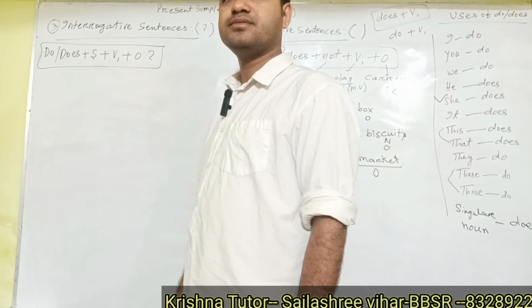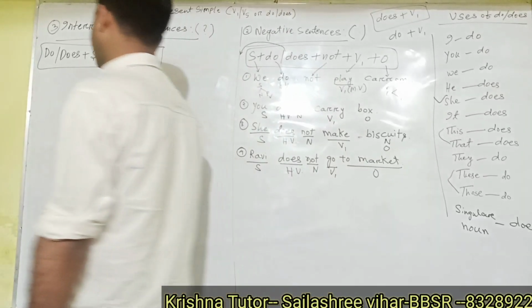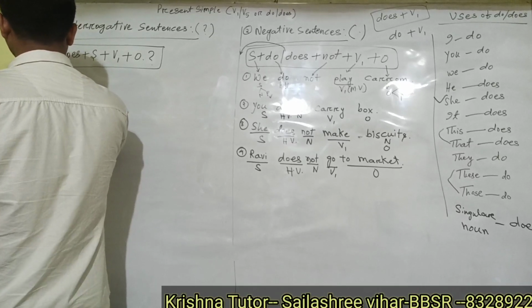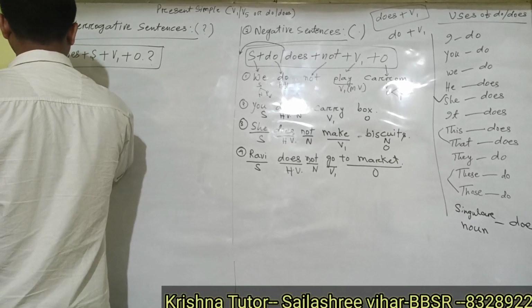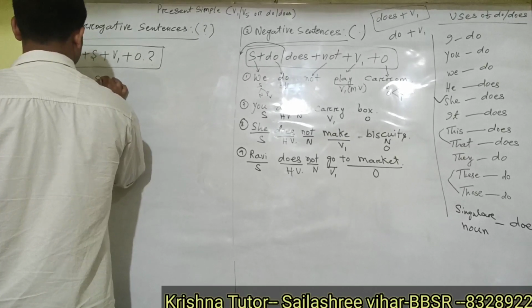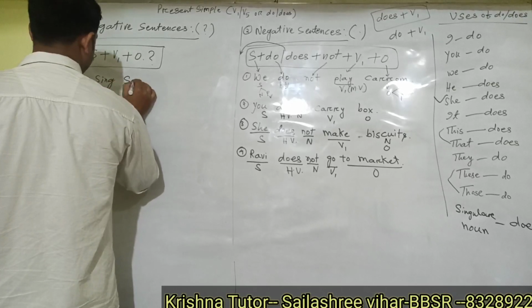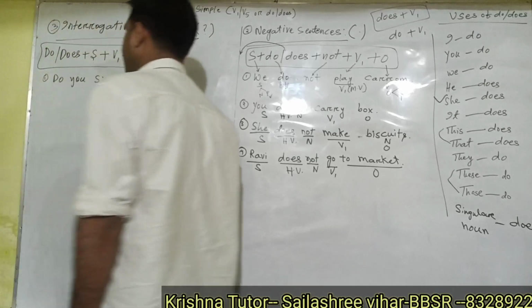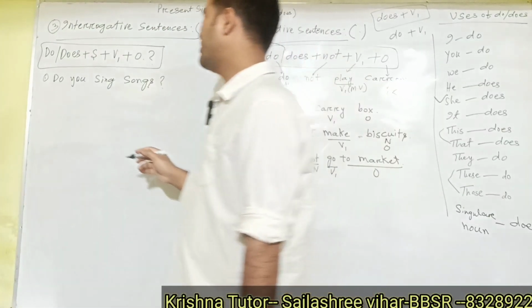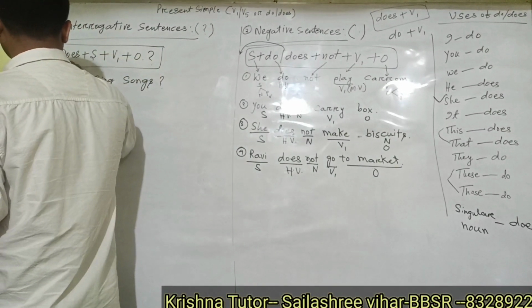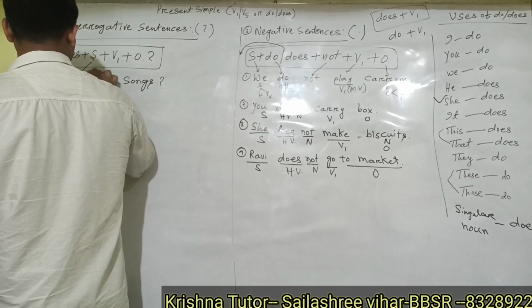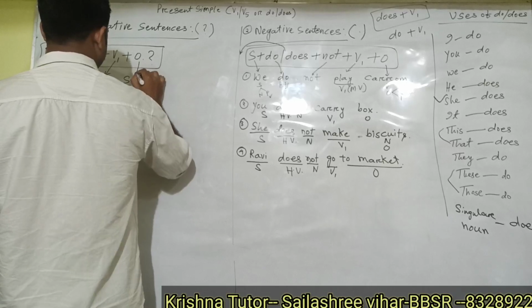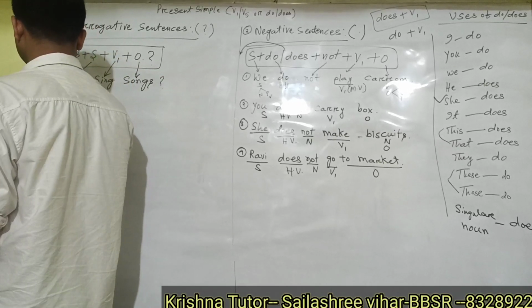Are you writing? So, if I use, do you sing songs? Here do is the helping verb, you is the subject, sing is the main verb, songs is the object.